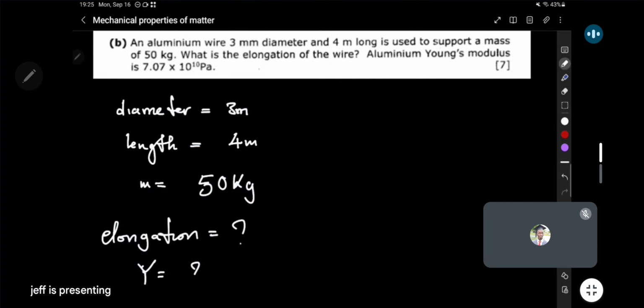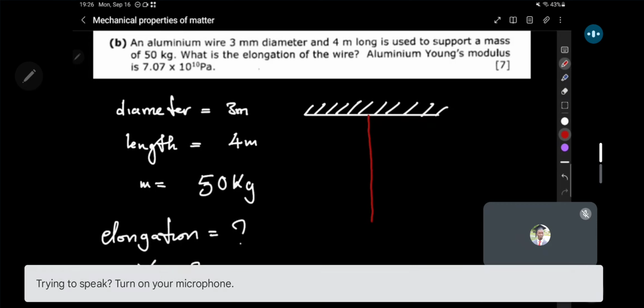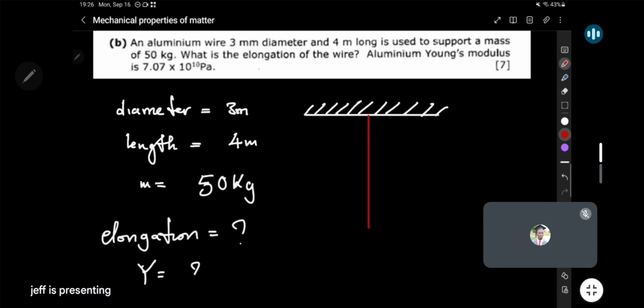And let's try to picture the problem so that you have an idea of what is happening. So it's like you have a wire that is supported at one end, fixed. And then to the other end of this wire, we are saying it is used to support a 50 kg mass. So let's put our mass down here.